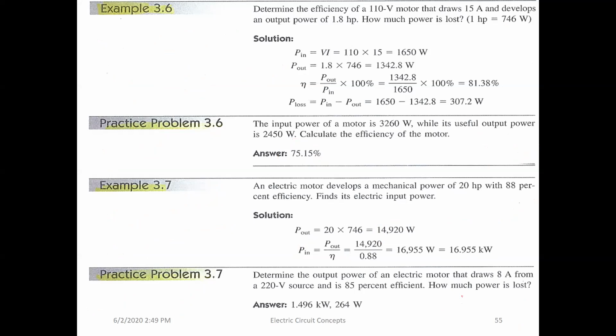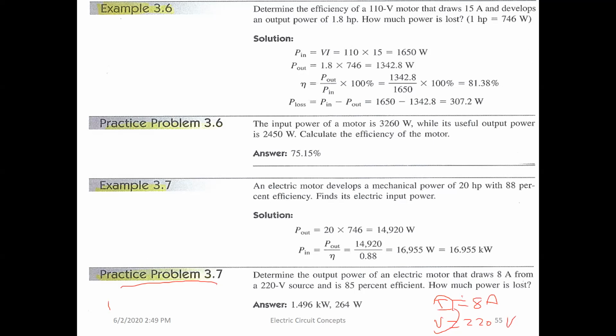Okay, so let me move to the next slide. Again, you could do this by yourself. Let me give you a hint. Determine the output power of an electrical motor that draws 8 amps. So we have I equal 8 amps, and V is 220 volts. So I and V are given.